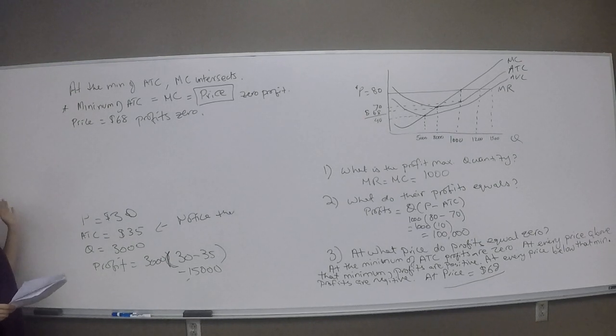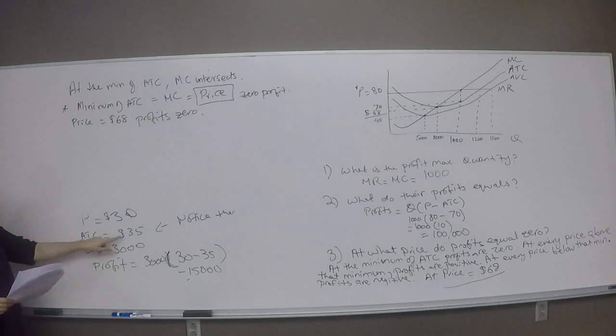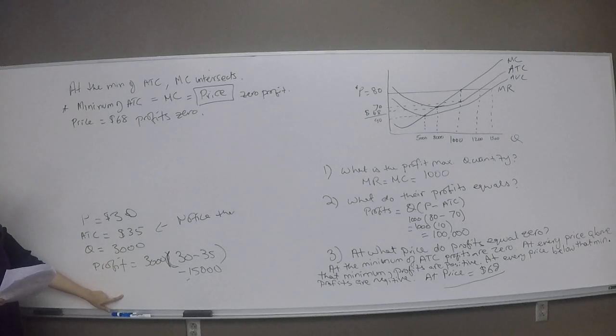In the previous example that we did last class, average total cost was greater than the price and we had negative profits, right?